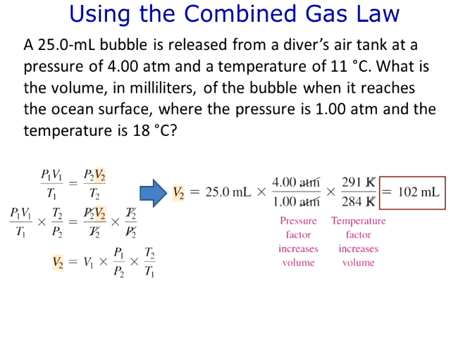I rearrange the equation mathematically for V2 using standard math conversions, where V2 equals V1 times the ratio of P1 over P2 times the relationship of T2 over T1. So, I plug in the values for each of these that I noted in my problem, and I run the calcs through, and my answer must be in 3 sig figs, which it is at 102 milliliters.